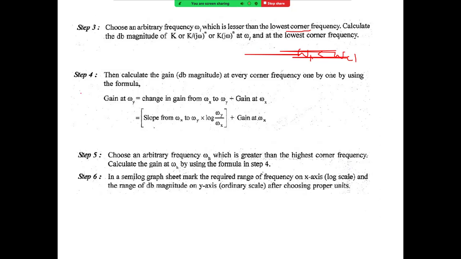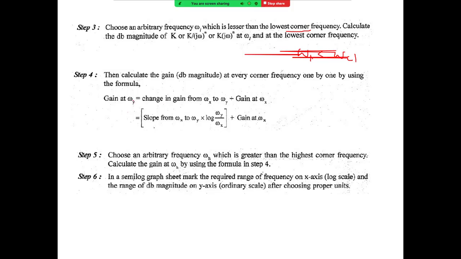Then at omega L, directly we can obtain the magnitude from the given product term. For the remaining frequencies, we follow this procedure: how much is the change in slope from the present corner frequency to the previous corner frequency, and what is the gain at the previous frequency. Then we will get the corresponding gain value.